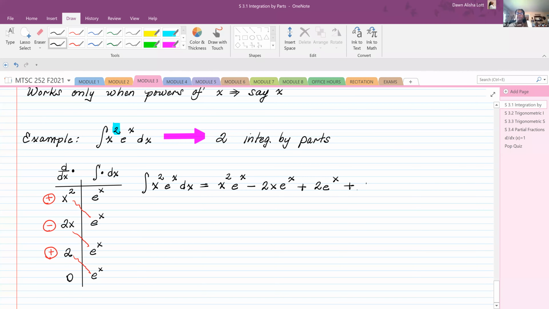Okay. I got another integration by parts problem. So this much I know. Uh-oh, that is not true. I am missing the cosine part.